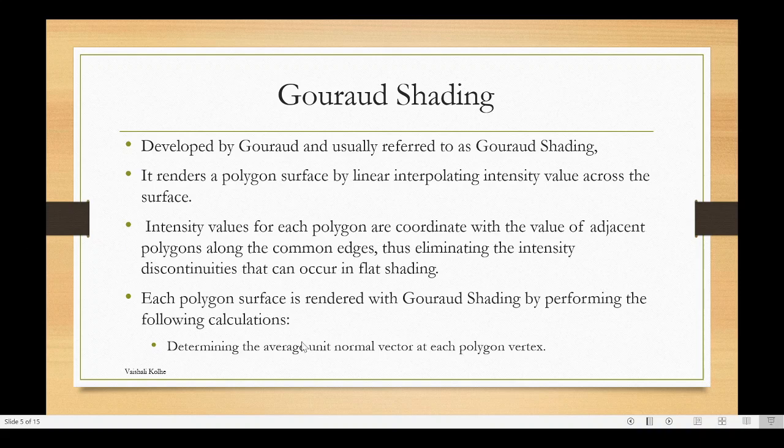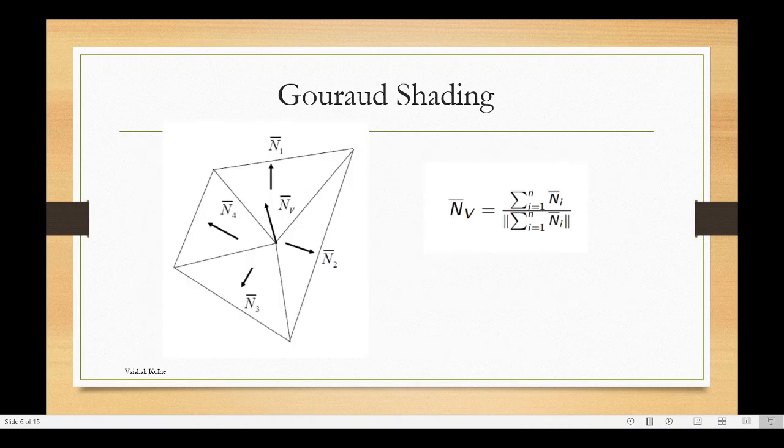There are some steps in this algorithm. The very first step is to determine the average unit normal vector at each polygon vertex. So the very first step is to find the normal at the vertex. Here you can see this diagram. In this object, it is showing some of the surfaces.